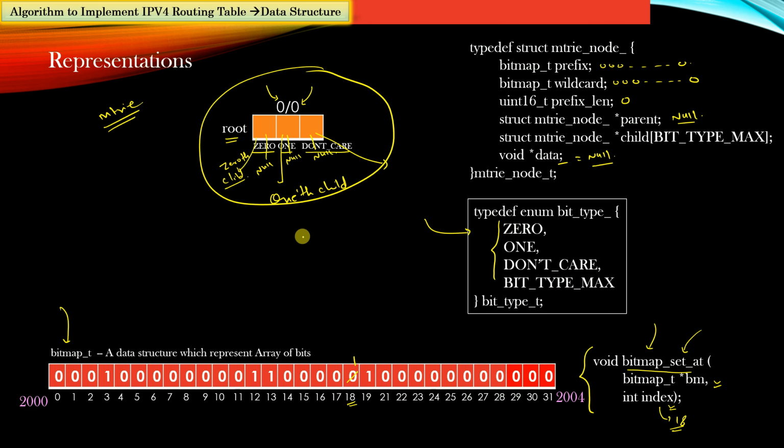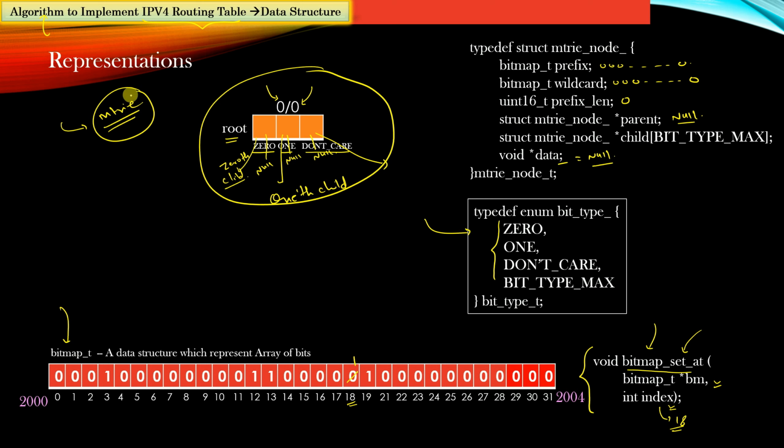So guys, with this we have finished with all the prerequisite details that we need to know before we start our discussion on implementation of the IPv4 routing table. First, we will focus only on the algorithmic part, that is how we will insert routes in this mtry, how we will delete routes from this mtry, how we will search for routes in this mtry, and how we will implement longest prefix match based search in this mtry data structure.